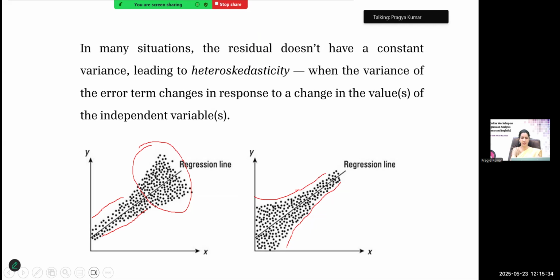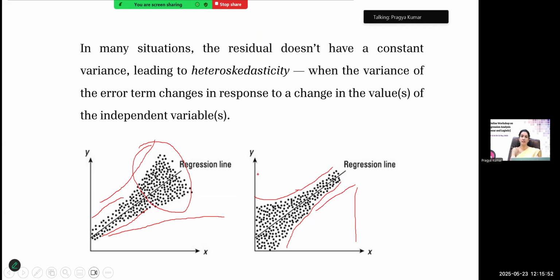That's why SPSS and others say fanning out. So this is like an inverted fan, and this is like an everted fan. If it makes any pattern like this or a funnel, they call it fanning or funneling.